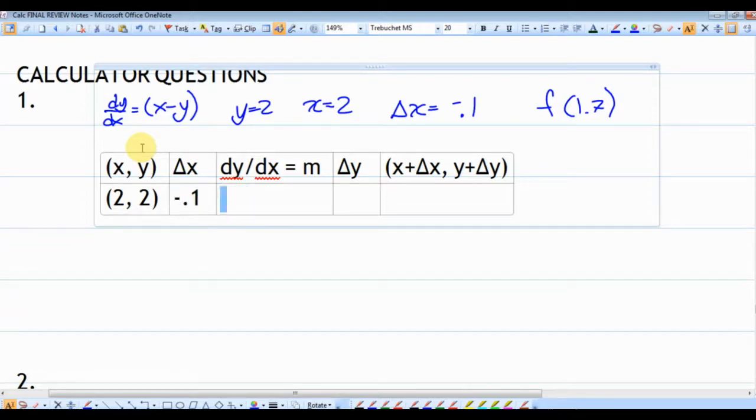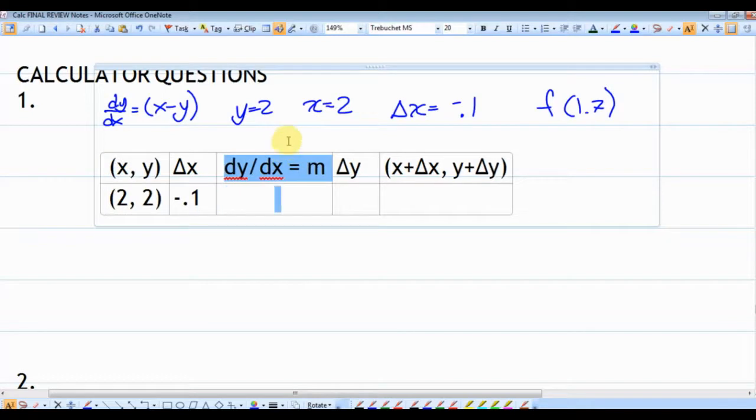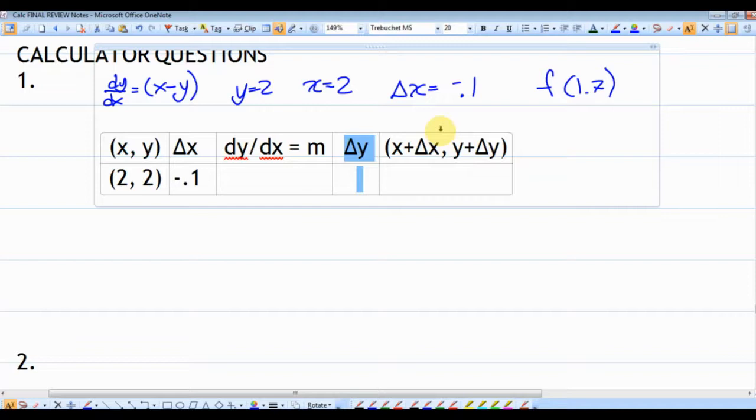Negative 0.1. dy/dx is going to be 2 minus 2. What's 2 minus 2? 0.